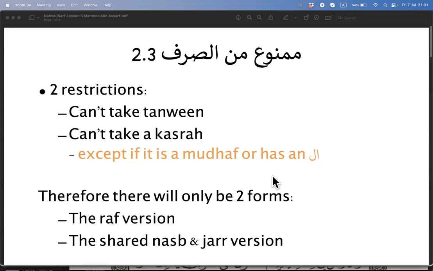And what is the default sign of a rafa word?